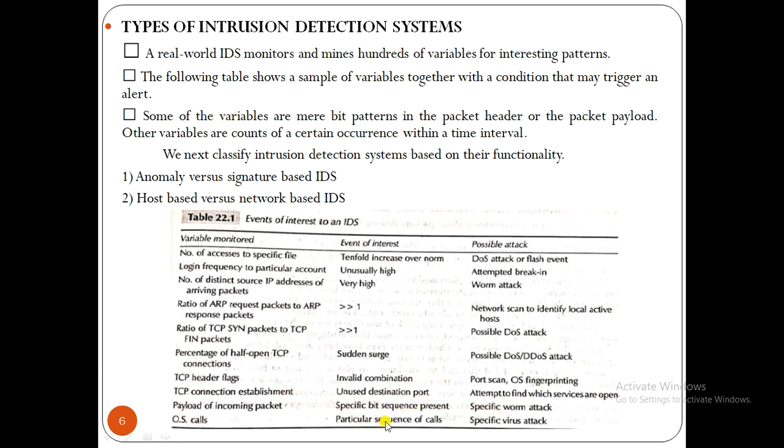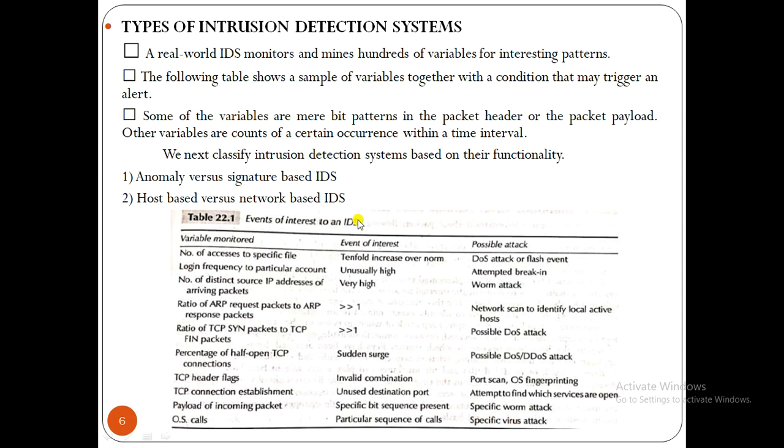For OS calls, particular sequences of calls are the events of interest, and the possible attack is caused by a virus, which is again a computer program that can bring infection from one file onto the other file within a system and bring malicious code onto the user's machine. That is what we understood by the virus in the previous lecture.